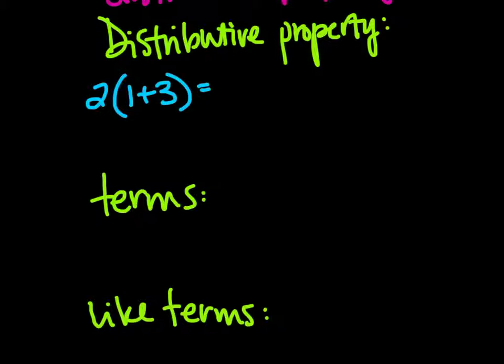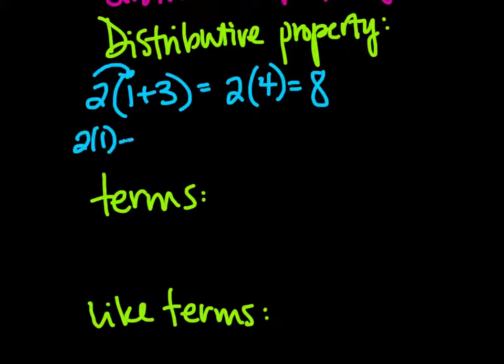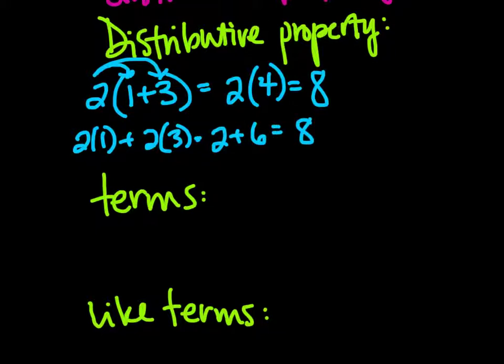Well, we know that we could either write this as 2 times the stuff that's within the parentheses and get 8, or we could also say 2 times 1 plus 2 times 3 would get me the same thing, and we'd say 2 times 1 equals 2 and 2 times 3 equals 6, so therefore 8. So the distributive property is this second format where I'm distributing the 2 and multiplying it by one of the terms within my equation, and I distribute it to the other term as well and multiply it there.